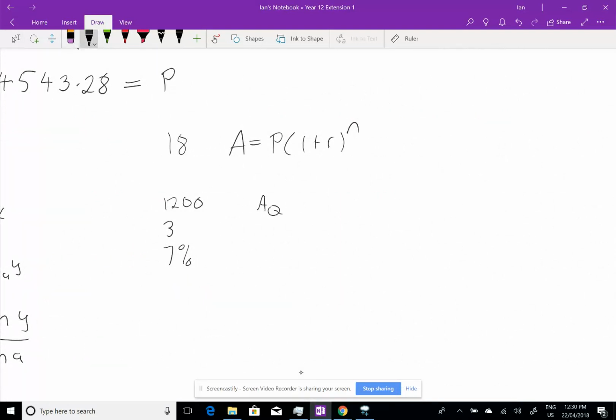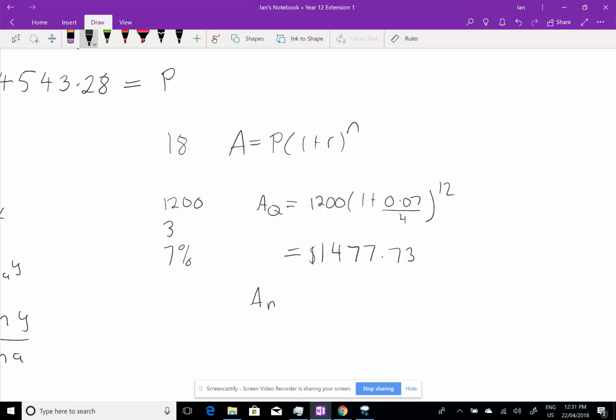The amount quarterly will be 1,200 times 1 plus 0.07 over 4, 3 times 4 is 12. So 1,200 times 1 plus 0.07 divided by 4, to the power of 12. I get $1,477.73.